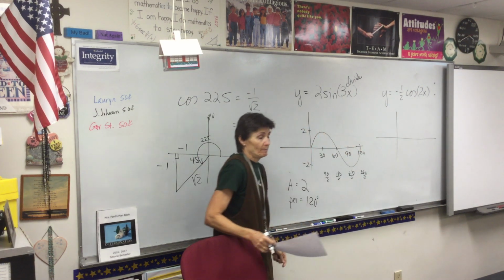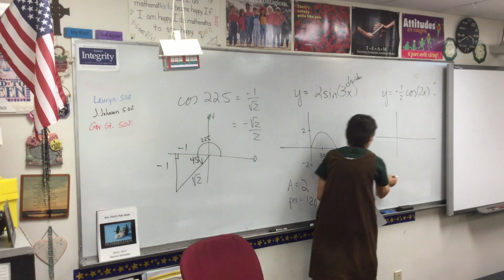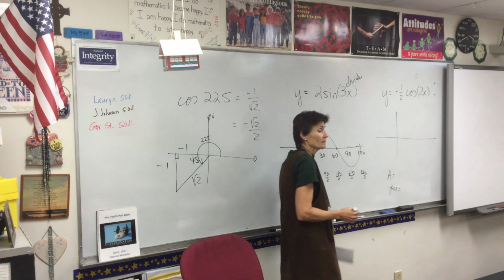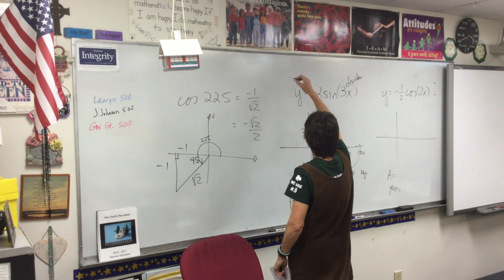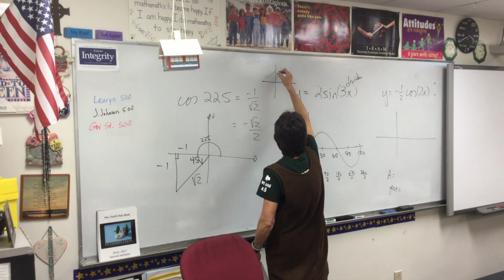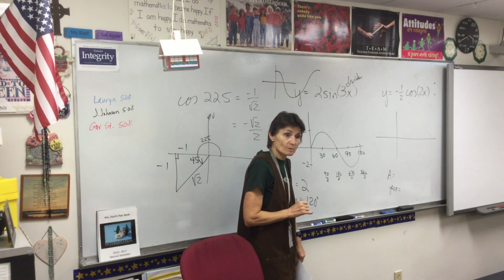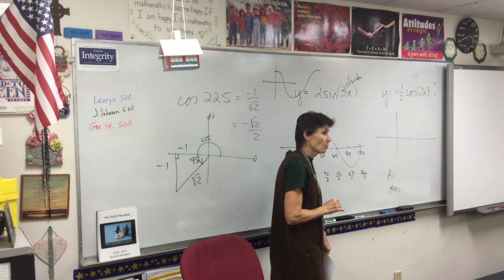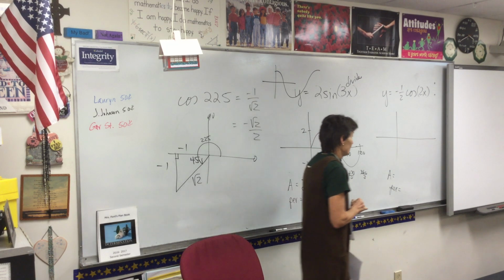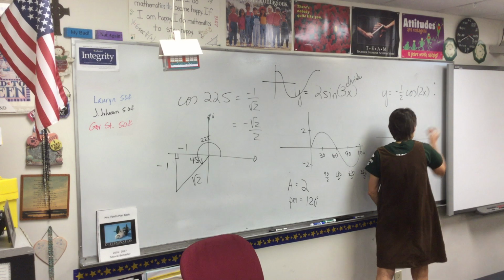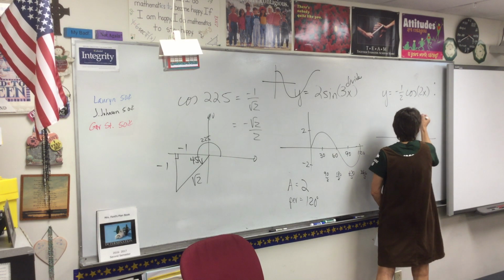Now I have a cosine. Now normally cosines start up here and end up here like that. That's what a normal cosine does. But what happens to this one? It's negative. So instead of starting up like that, it's going to start down like that.